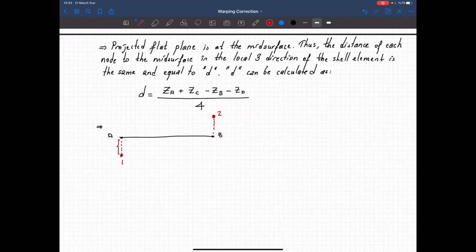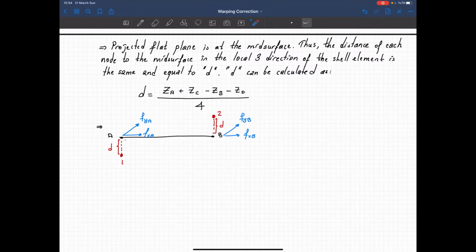And that distance is D. That distance is D. Now, if you take a look at the membrane forces at point A, so I have Fxa and Fya. Sorry, this should be Fya. And here also I have Fxb and Fyb.